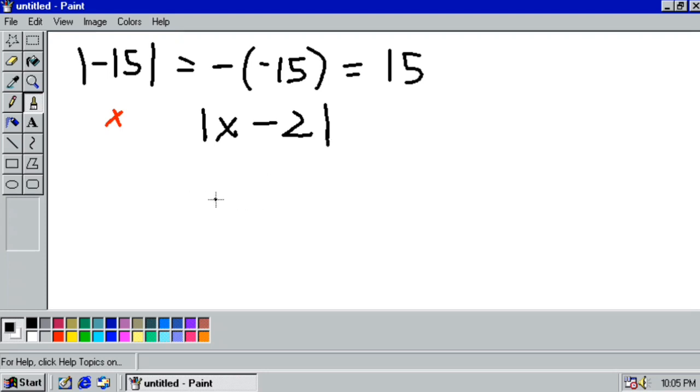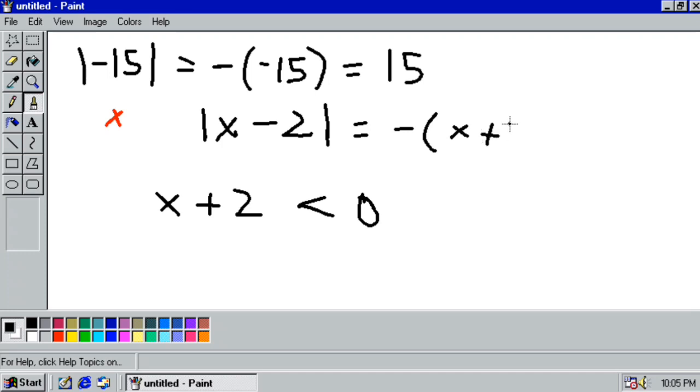So for example, if x plus 2 is less than 0, it will equal negative on the outside, then x plus 2.